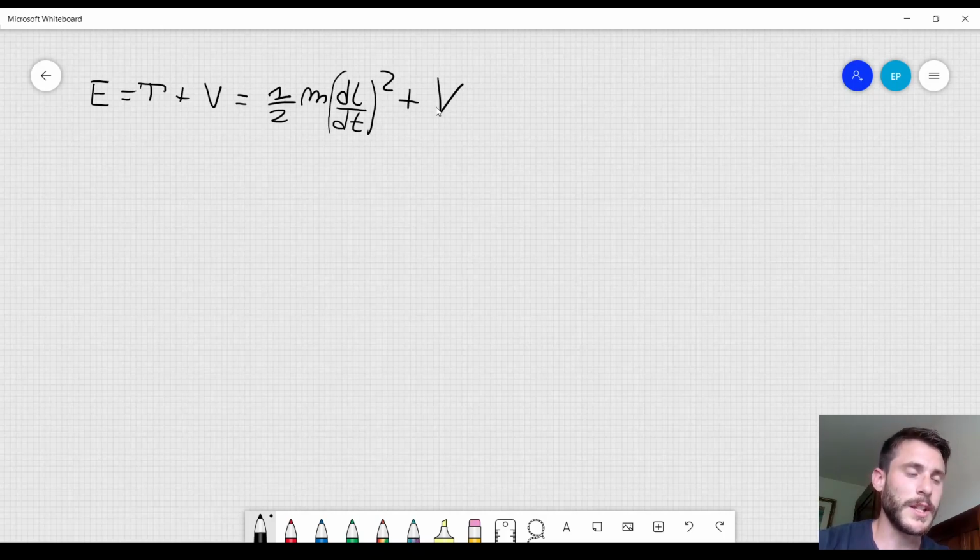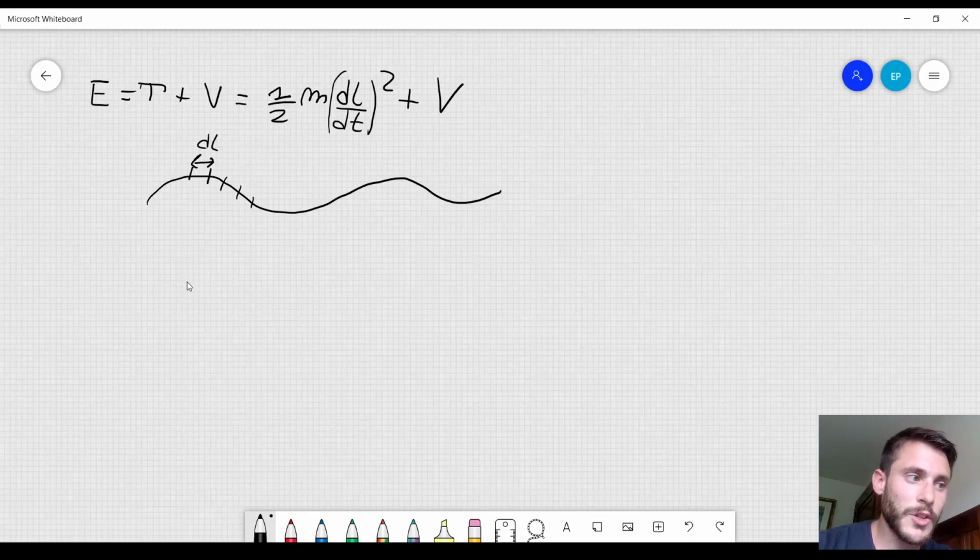plus the potential energy, where dl, if you think about it now, here I will draw a very general sketch where this curve represents the path of the particle. So if I just split it into several parts, these small elements here are just dl.